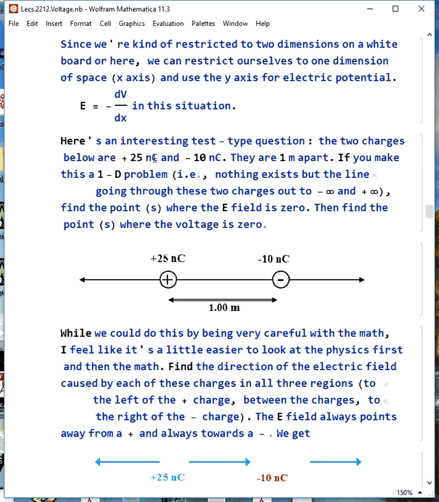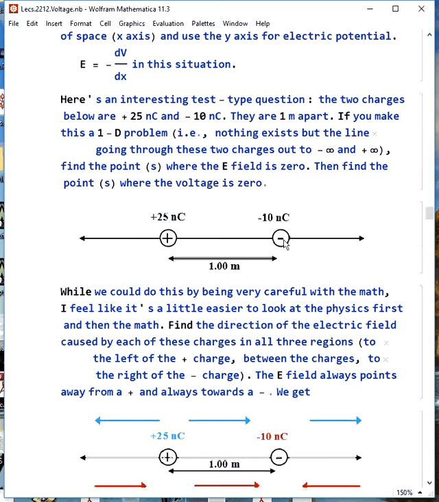Let's say we have two charges that are plus 25 nanocoulombs and minus 10 nanocoulombs, and they're 1 meter apart. If this is a 1D problem, so nothing exists except the line going between these charges out to infinity in each direction, I could say find the point or points where the E field is 0, and then find the point or points where the voltage is 0.